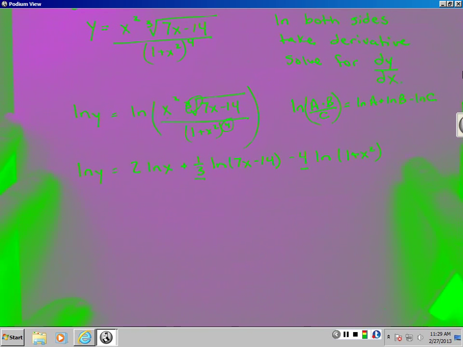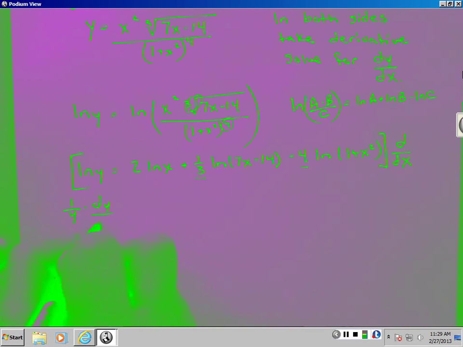So now that we get to this part, I want to take the derivative of both sides. So I take the derivative with respect to x. What is the derivative of ln of y with respect to x? What's the derivative of the outside? 1 over y times dy dx, right?